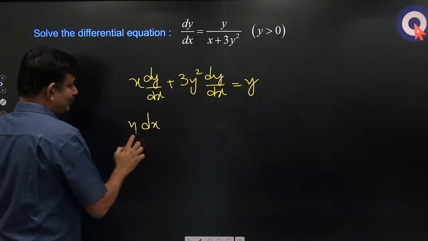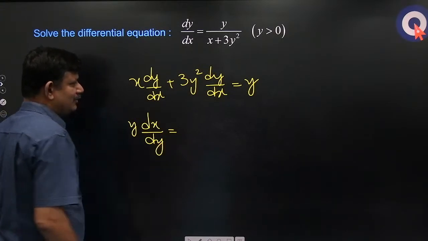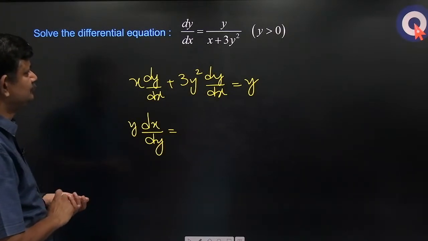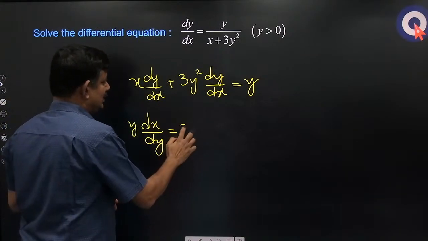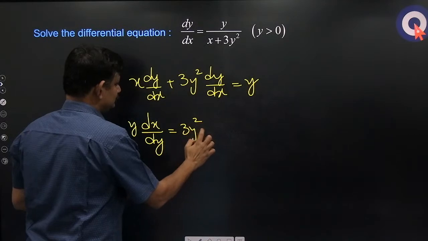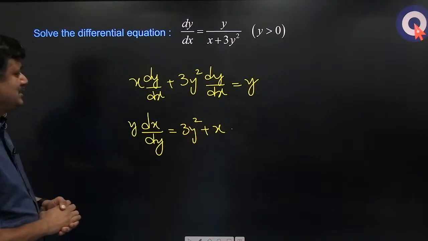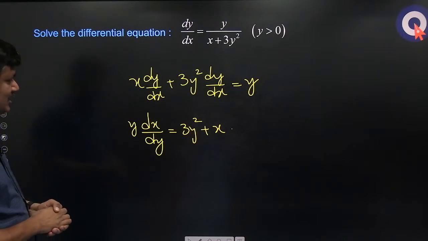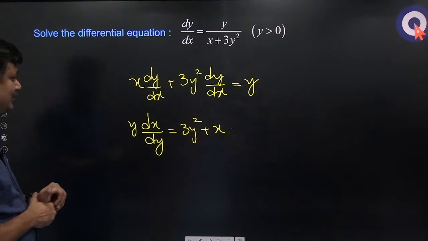y dx by dy is equal to 3y square plus x. But in a linear differential equation we should not have this y.